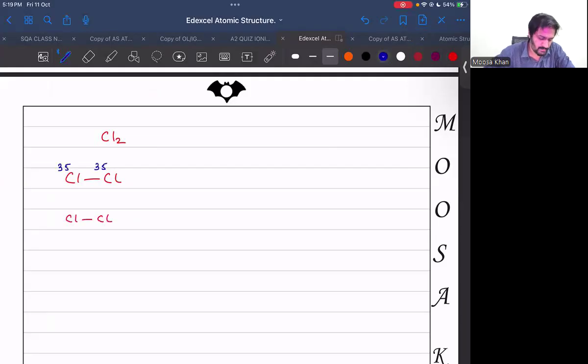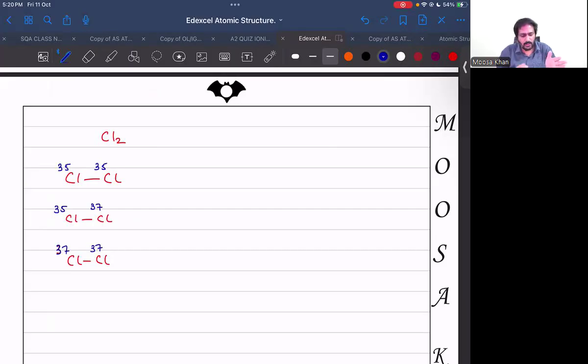What can be the other possibility? The other possibility is that one isotope has a mass number 35 and the other has a mass number 37. Is there any other possibility? Yes. The third one is that both of the chlorine atoms in this molecule have mass number 37. Now tell me, is there any other possibility, because there are only 2 isotopes of chlorine?